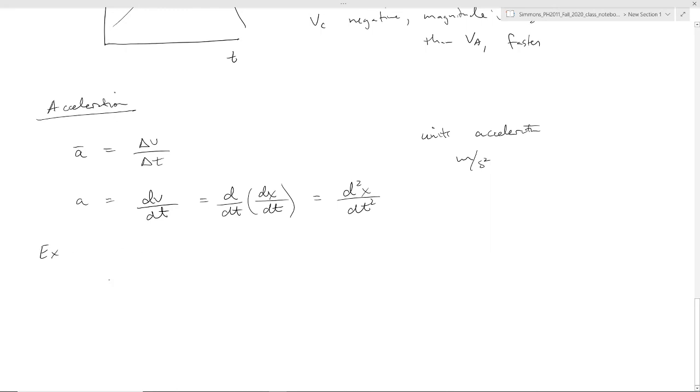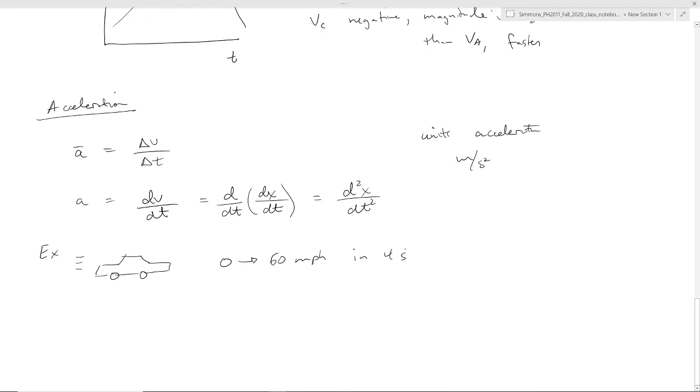Suppose you have a car, a fast car. Whoa. That accelerates from 0 to 60 miles per hour in 4 seconds.